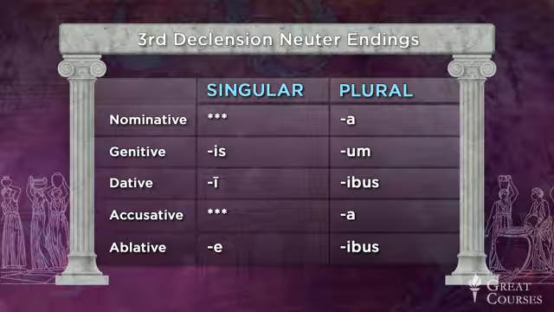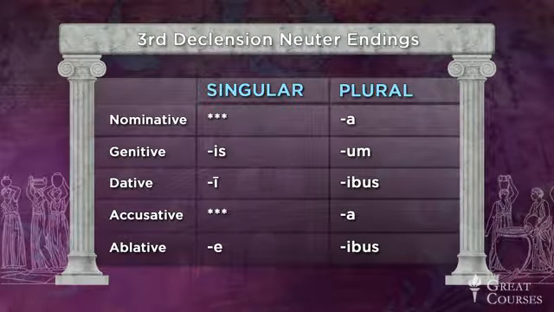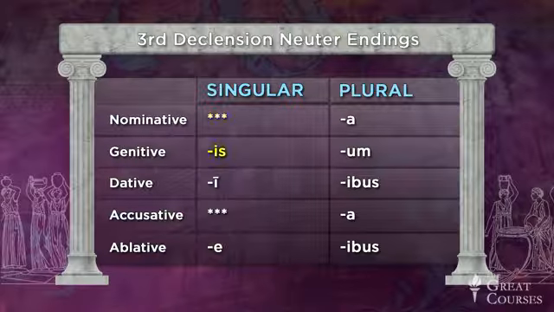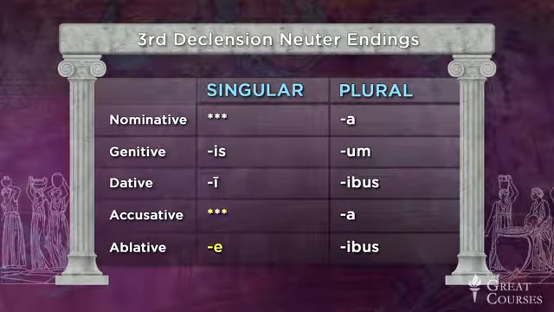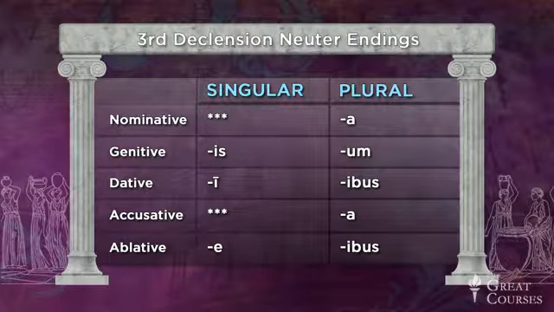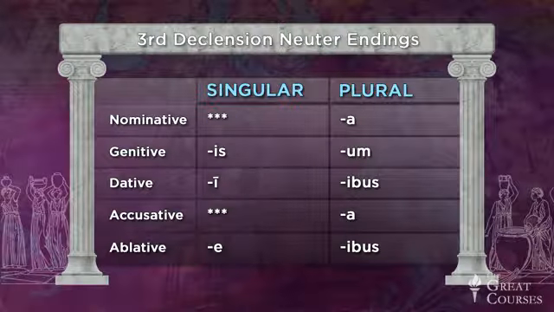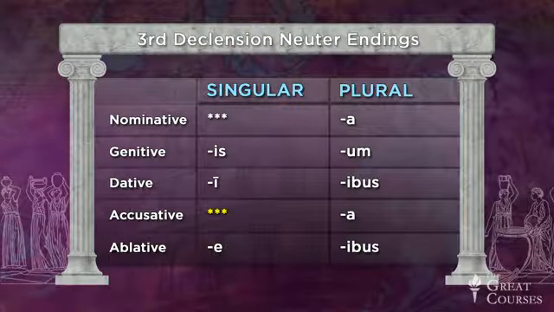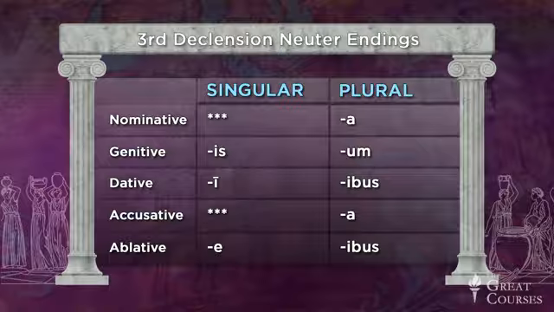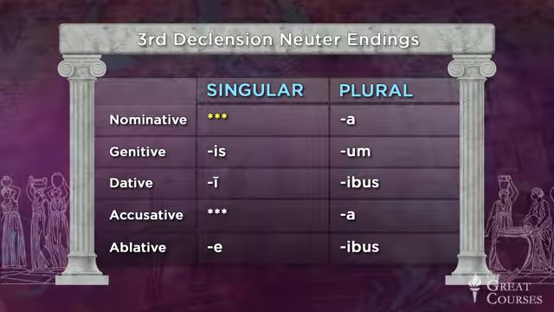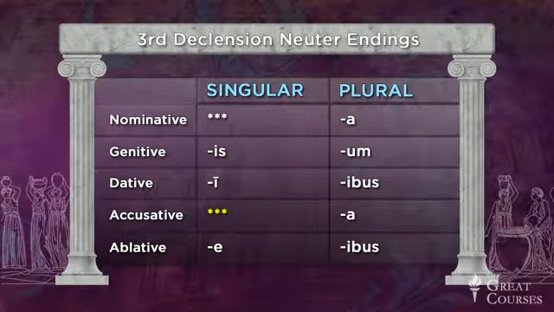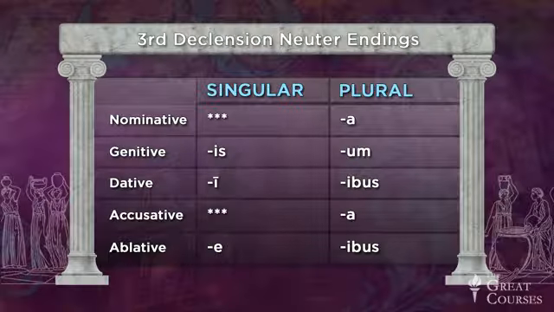Let us practice these endings in the singular. Please repeat after me. Blank, is, i, blank, e. And again, in the singular, blank, is, i, blank, e. And stop.